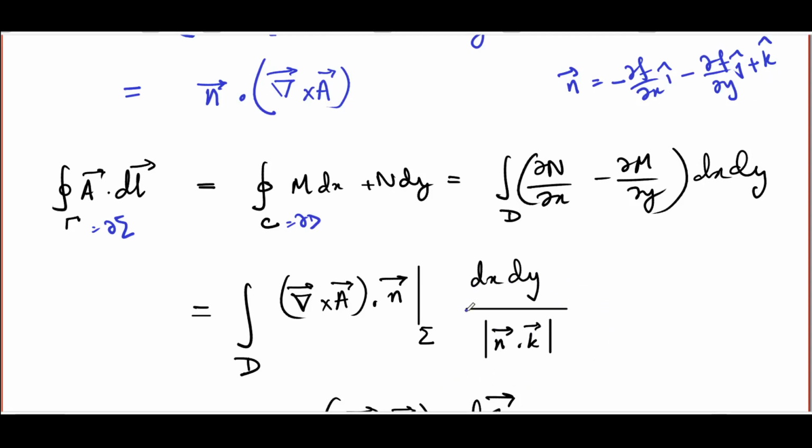So the reason why I brought this in is that this is the factor which actually corrects for the fact that on the surface, the pieces that you have of sigma are slanted in comparison with the xy plane. So the projected areas are actually different.